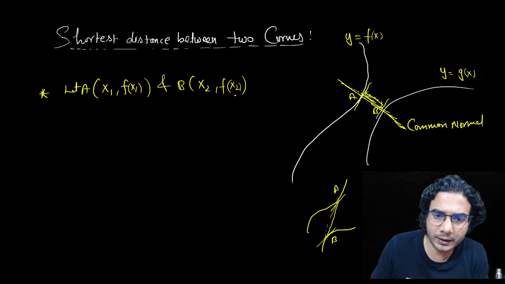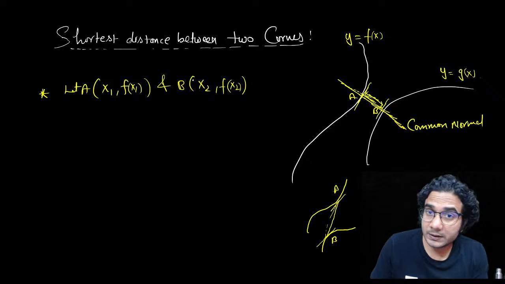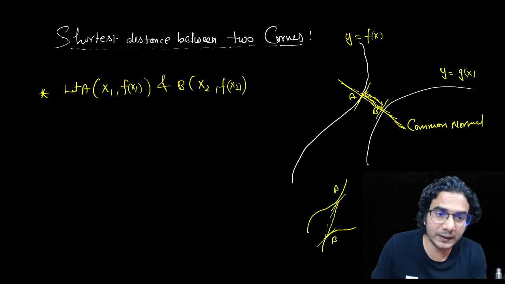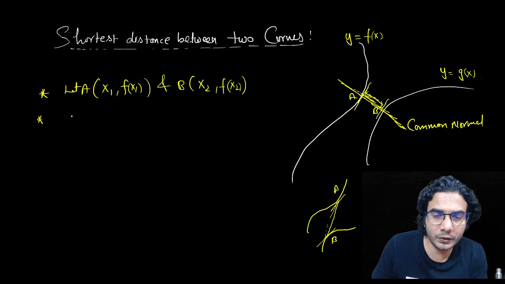In parametric form you can take these points, okay? Because you have two parameters x1 and x2, you need two equations. If you get two equations, you can solve them to find x1 and x2. Once you get x1 and x2, you can use the distance formula, okay? So second is make two relations.